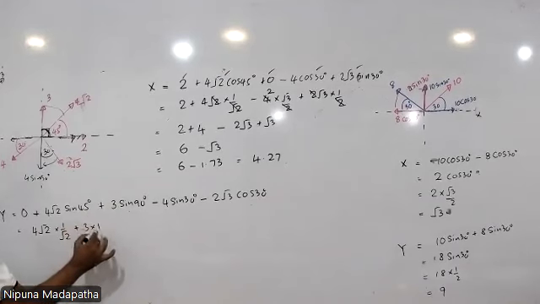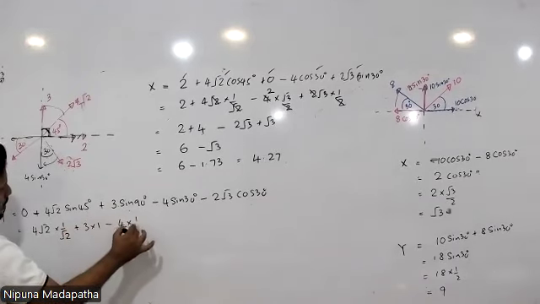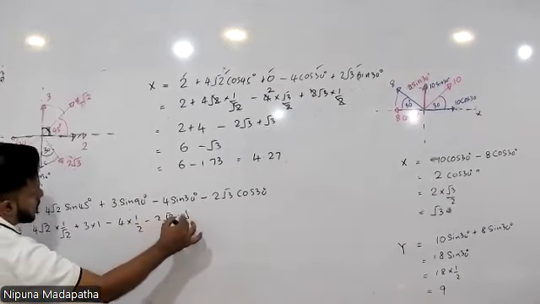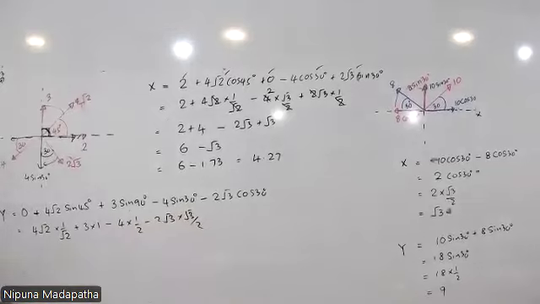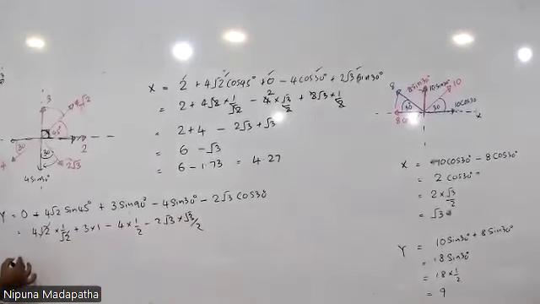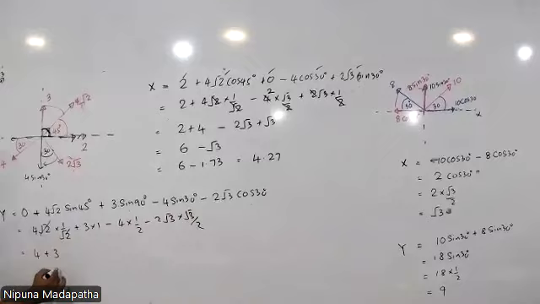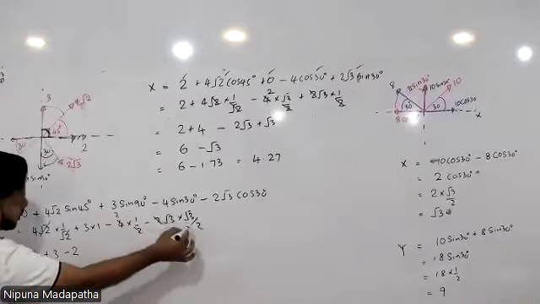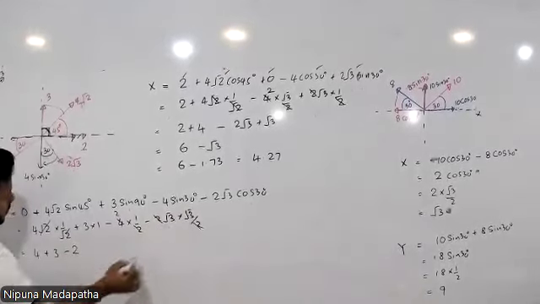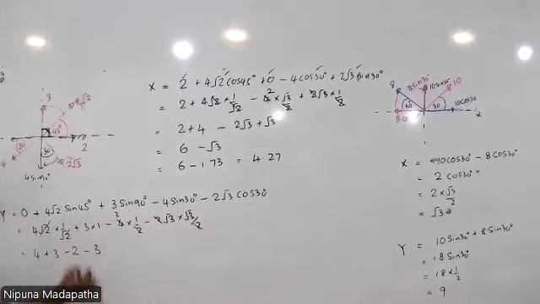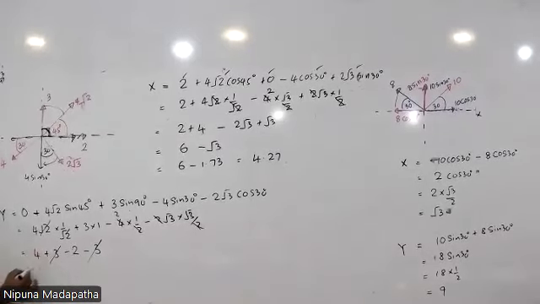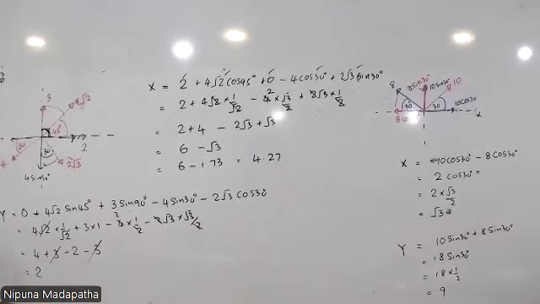Sine 90 is 1. Sine 30 is half. Minus 2 root 3 cos 30, which is root 3 over 2. So 4 plus 3 minus 2 root 3 times root 3 is 3... 4 minus 2 is 2. The y component is 2.